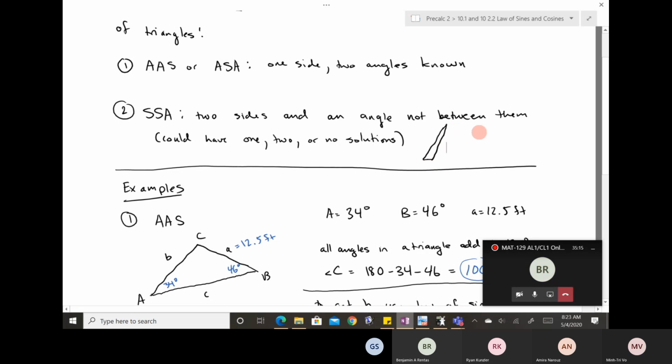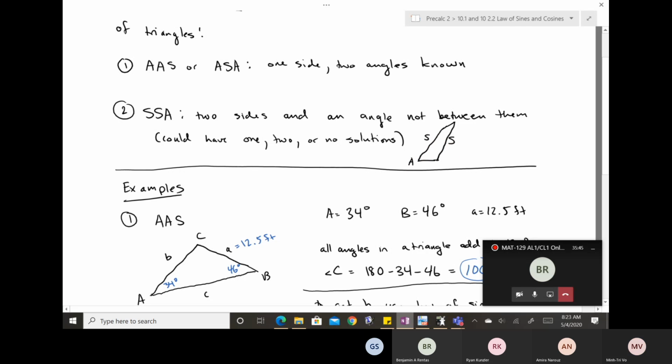Let me draw it a little bigger, so it's a little bit easier. By SSA, for this triangle, what I'm referring to is these two sides and this angle here. Okay, so SSA.